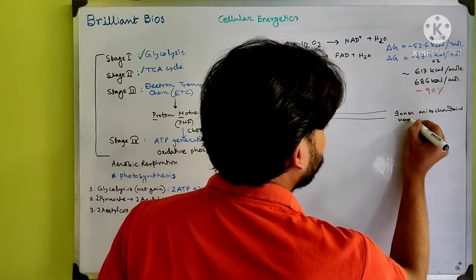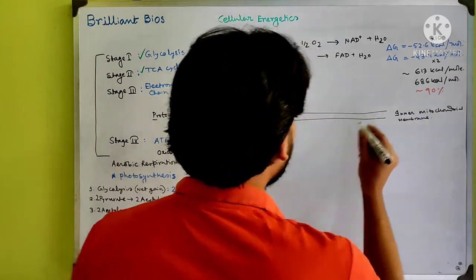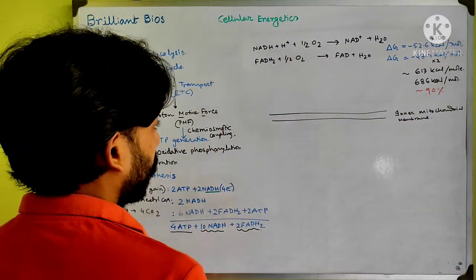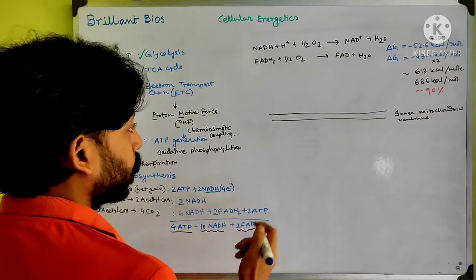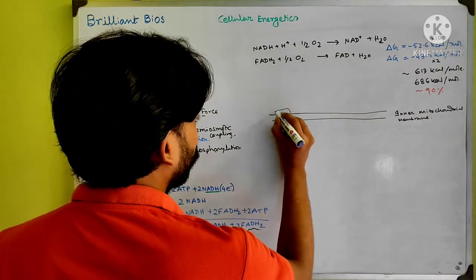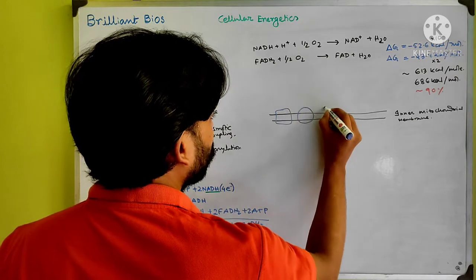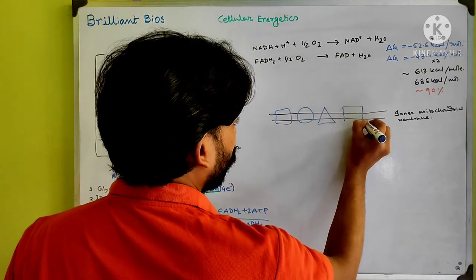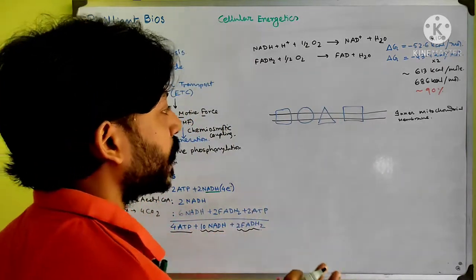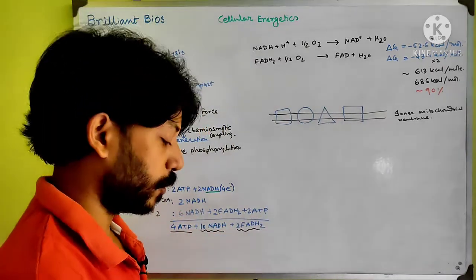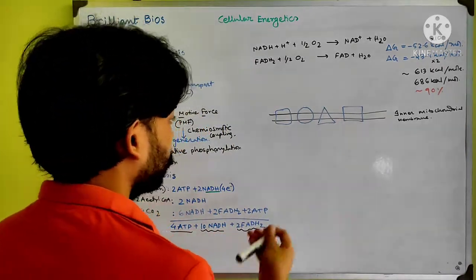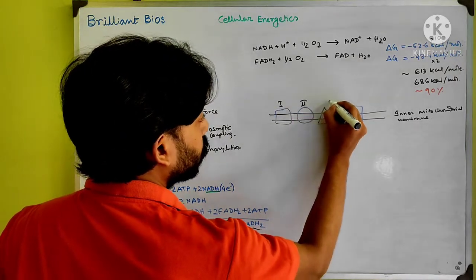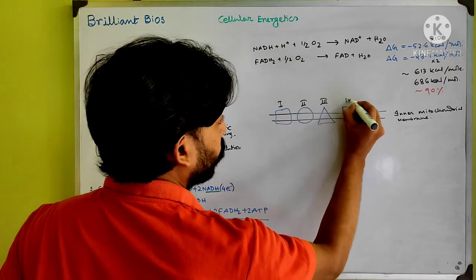In this membrane there are 4 complexes that take part in the electron transport chain. Let's suppose this is complex 1, this is complex 2, this is complex 3, and this is complex 4. So let me write, this is 1, 2, 3 and 4.